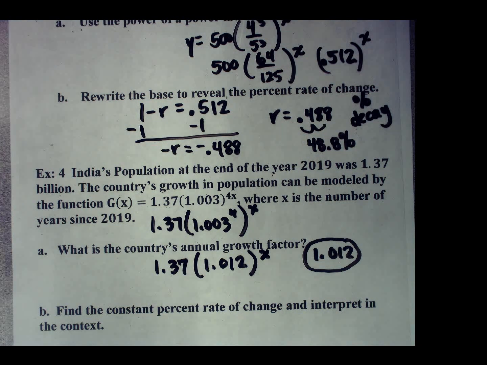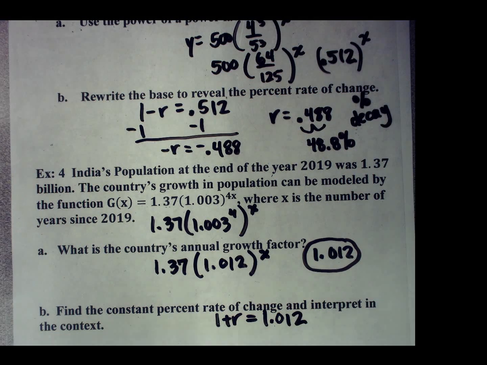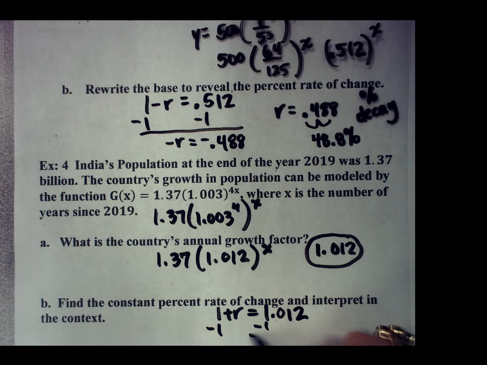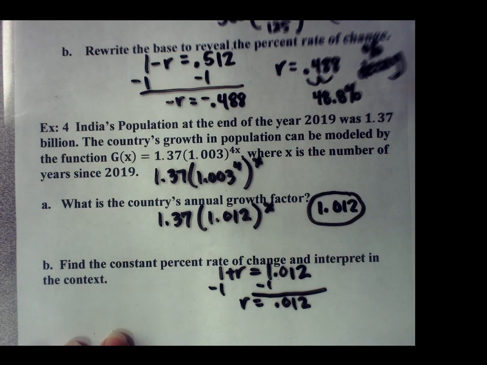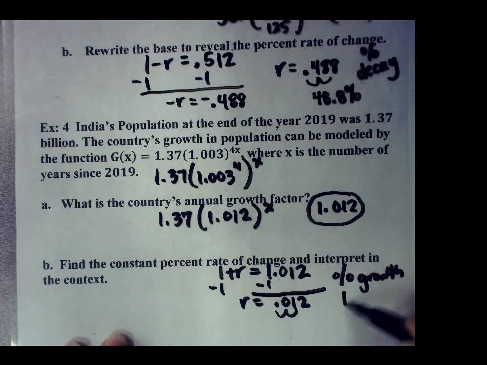How much did it grow? What percent did it grow? So we take the growth factor, which is the 1 plus r, set it equal to 1.012 and solve for r. And then move the decimal so we can get a percent. Move it 2, so 1.2% is what it grew.